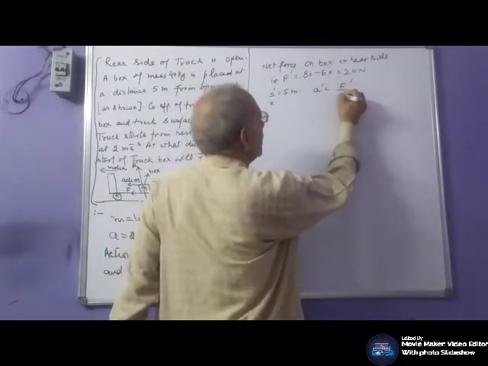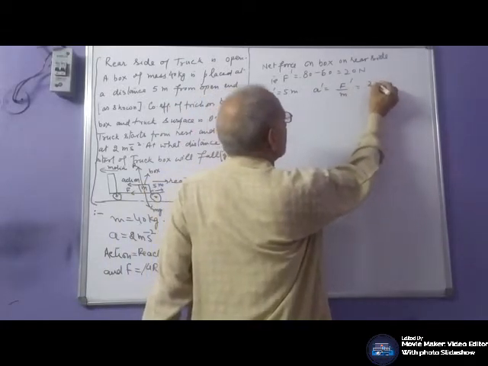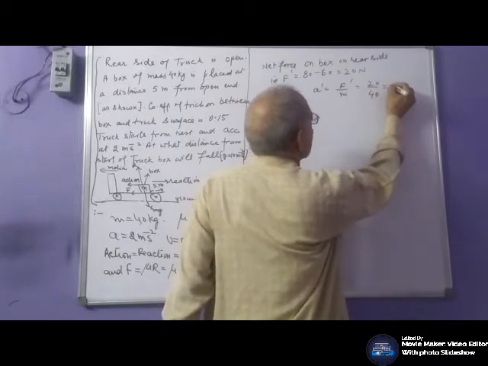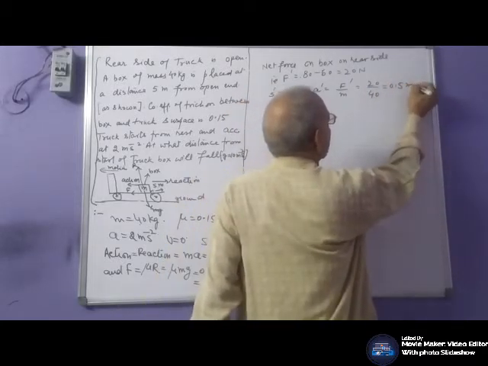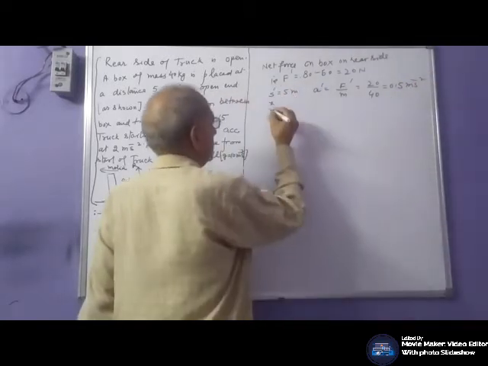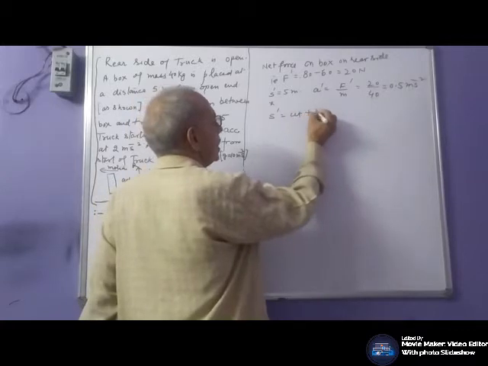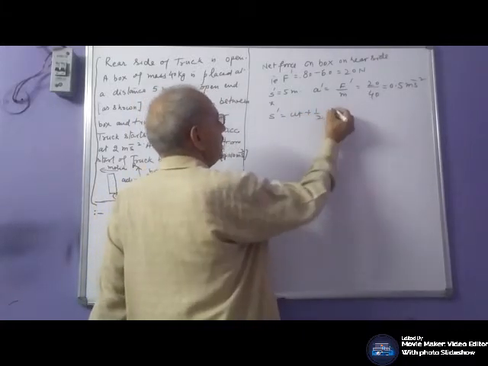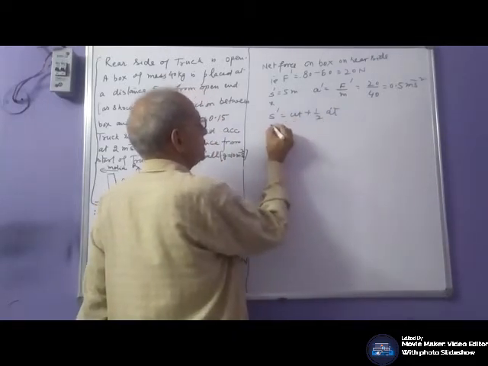F dash by M, F dash 20 by M, 0.5 meter per second square. So S dash is ut plus half at square. What is this A? It is A dash. S dash is 5.